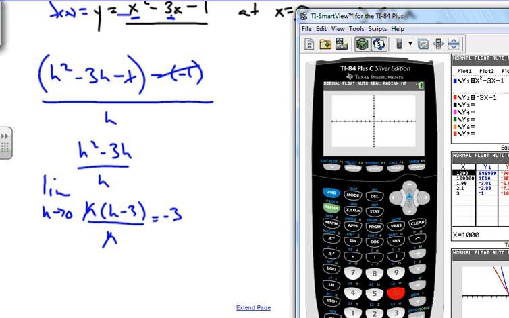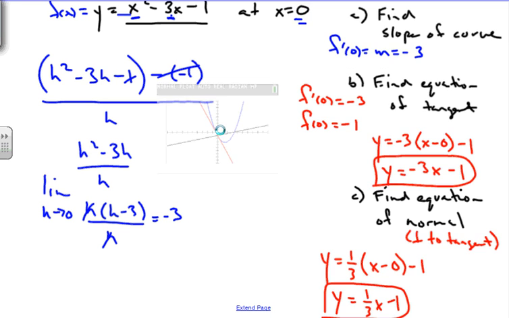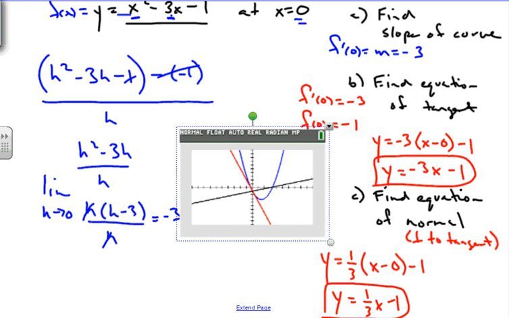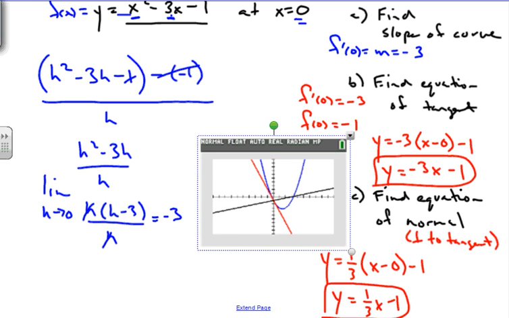So here's our parabola. At 0, we can see that we have a slope which is negative. That's our tangent line at 0. And here's our normal line, which is perpendicular to that at 0 as well, the opposite reciprocal. We can kind of verify that everything is good.